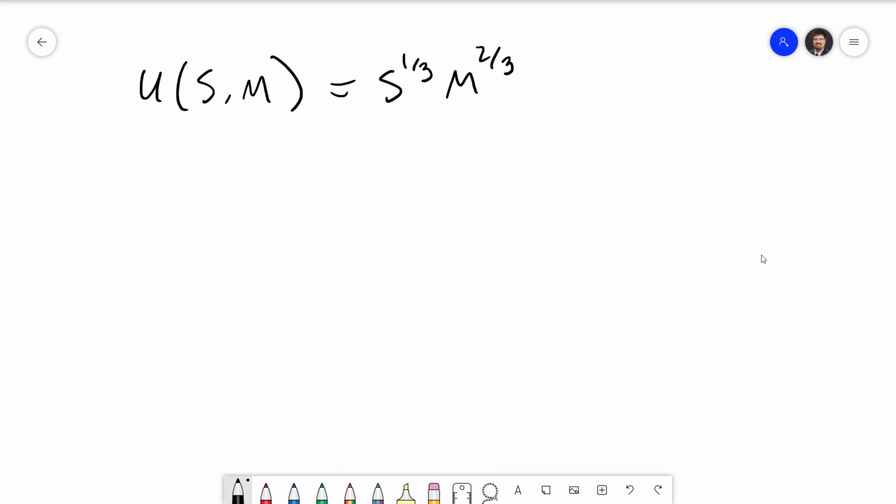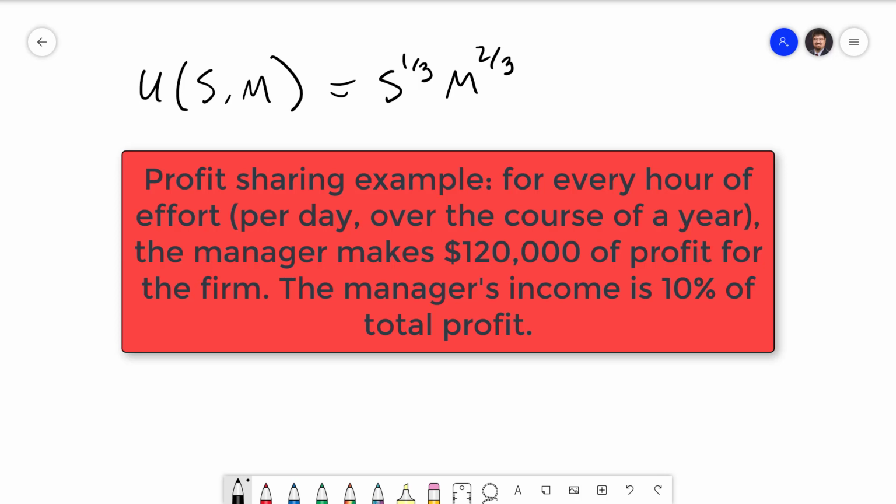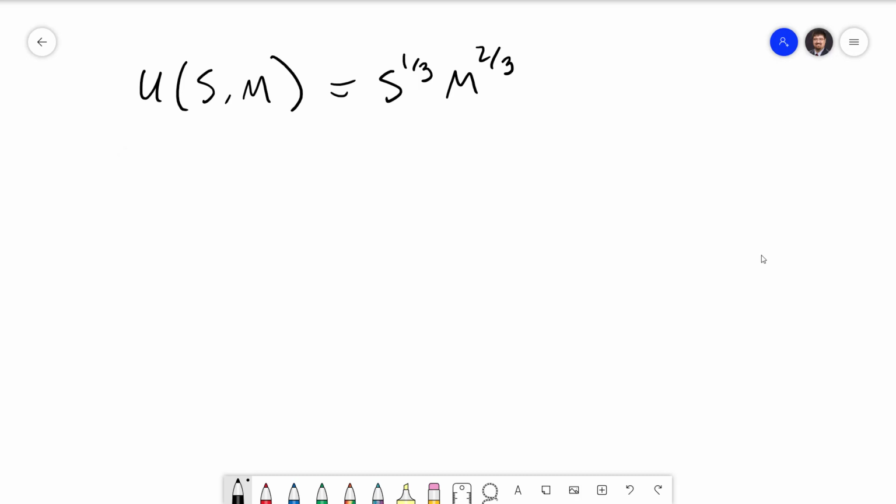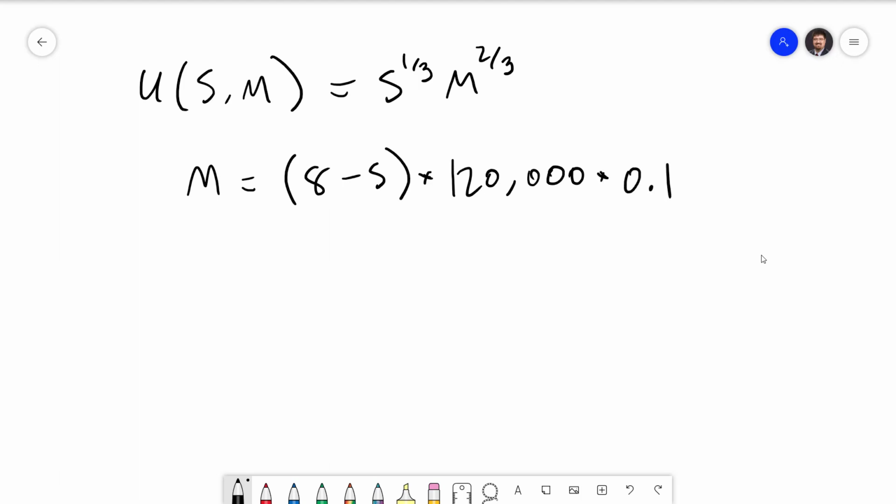Suppose that for every hour of effort that is not shirking, the manager will earn a profit of $120,000 for the company, and based on the profit sharing, they will get 10% of that. This means that our manager's total income will be (8 - s), that's the total hours spent not shirking, so the 8-hour day minus the hours shirking, times the $120,000 they earn for the company, but they get 10% of that, so we'll multiply that by 0.1.